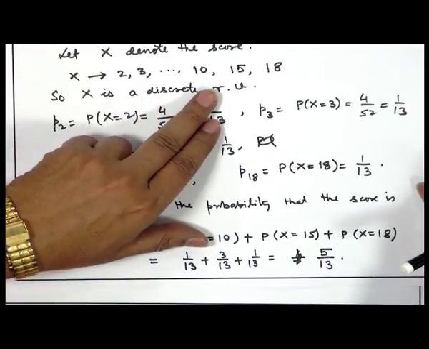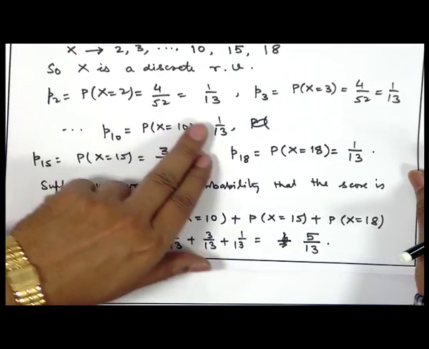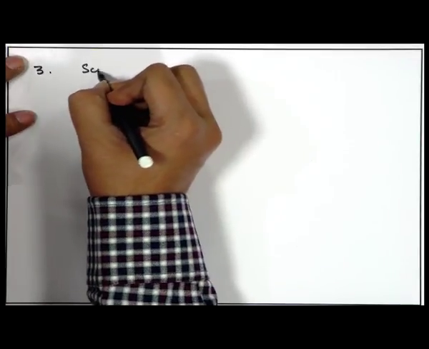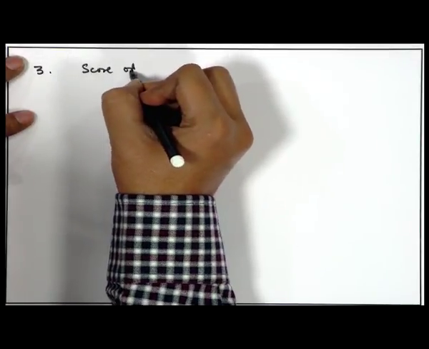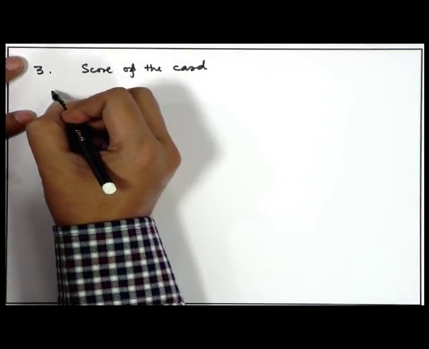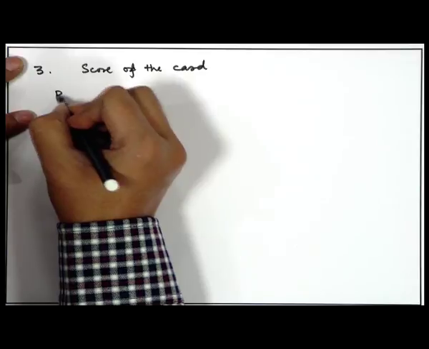Let us look at another example of the score of the card drawn. So, here we have this probability distribution. Let us look at the mean. Score of the card. So, here the distribution was, let me rewrite the distribution.